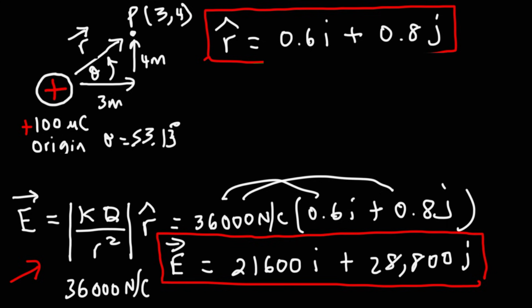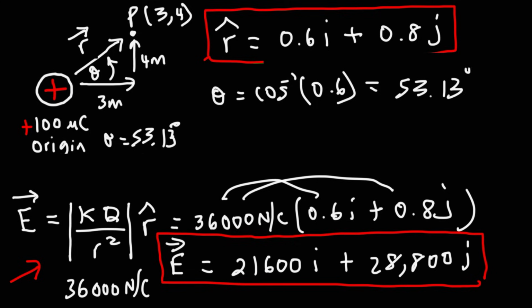Now, let's talk about how we can get this angle from r hat. So the angle theta, we can take the arc cosine of the x component of the unit vector. If we were to take arc cosine of 0.6, it will give us 53.13.